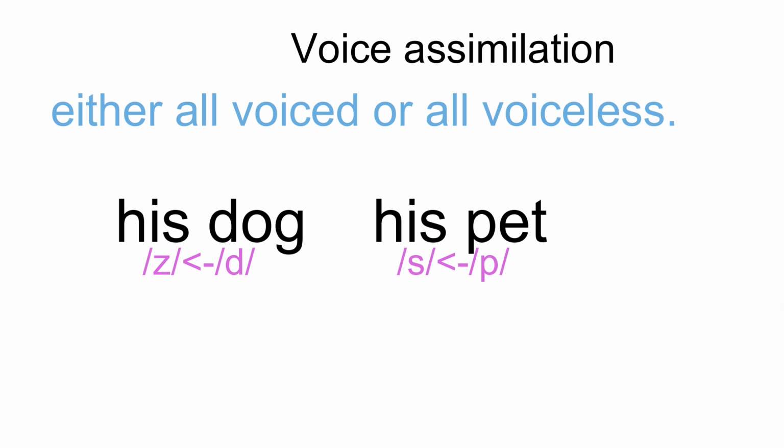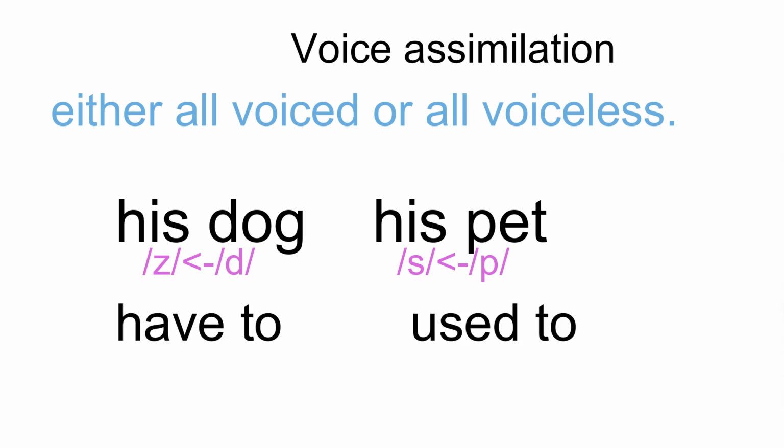With this knowledge, we can understand why "have to" and "used to" are pronounced as "hafta" and "usta." The voiced v and z in "have to" and "used to," respectively, are followed by a voiceless consonant, t. In this situation, v and z become voiceless f and s.